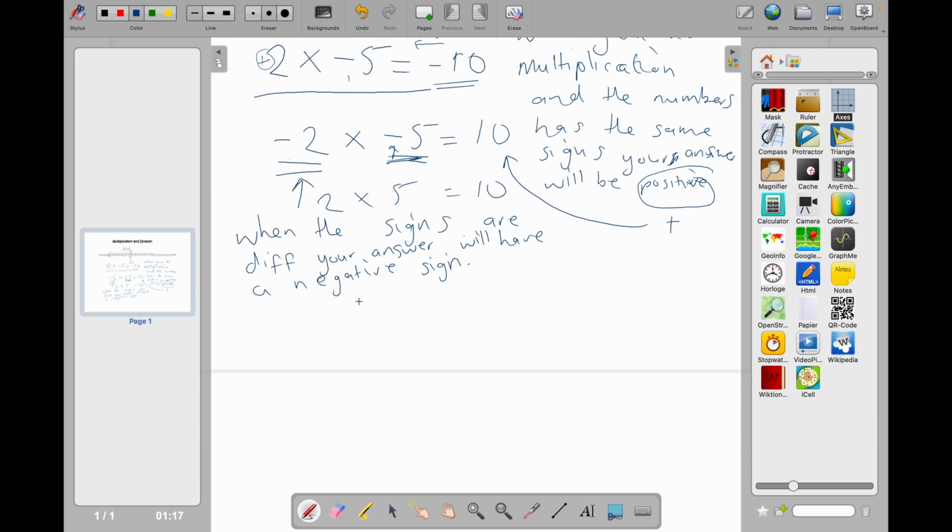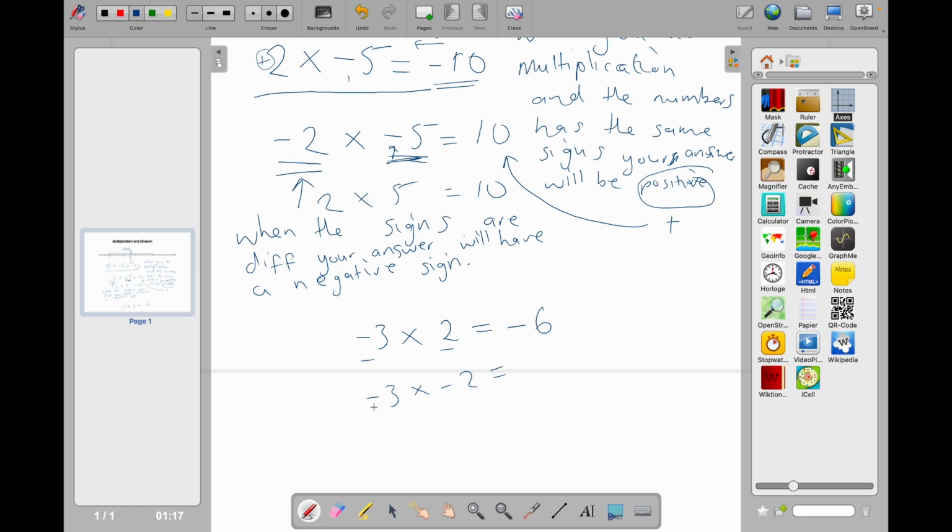So let's have an example. Let's say -3 multiplied by 2. Here the signs are different, so we already know our answer is going to be negative. And then we say 3 by 2. 3 by 2 is 6. Okay, let's have another one. -3 multiplied by -2.